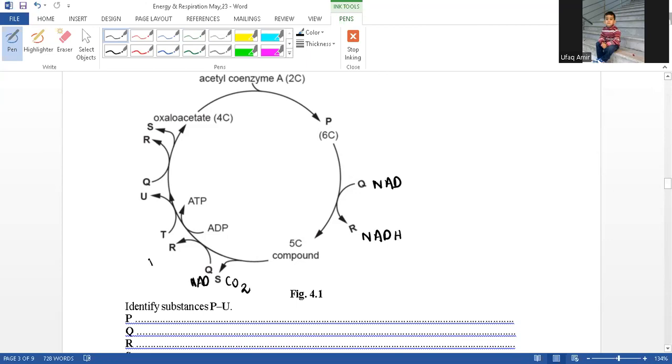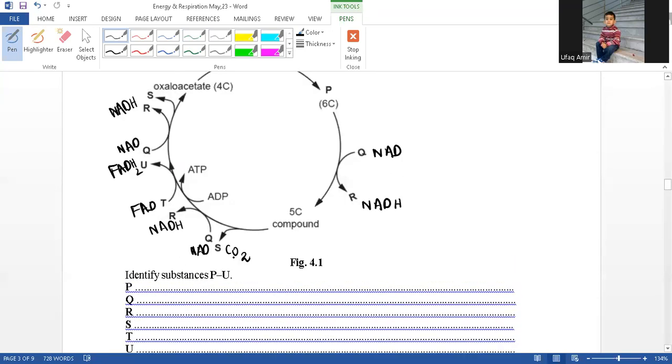This is NADH. This is ATP. This T and U is FAD and FADH2, and this is again NAD, because we know in one turn of Krebs cycle 3 NAD and 1 FAD is produced. NADH is produced, and this is carbon dioxide.